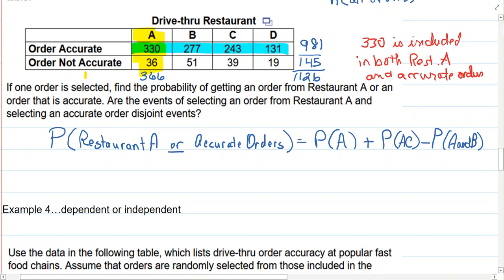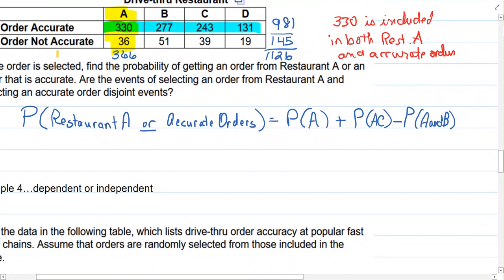Okay, so now that we have our order of what we're going to do, we're going to construct what we have. The probability of restaurant A was 366 over that 1126 plus, because it's an or.